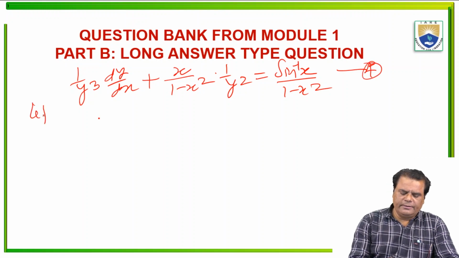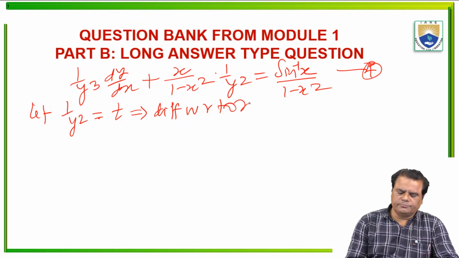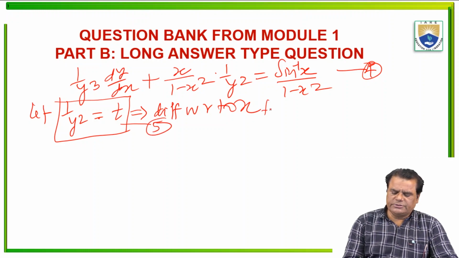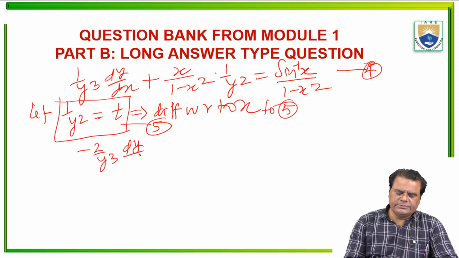Now let 1 upon y square equal to t. This is equation 5. Differentiating with respect to x, we get minus 2 upon y cube dy dx equal to dt over dx.